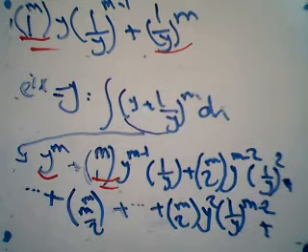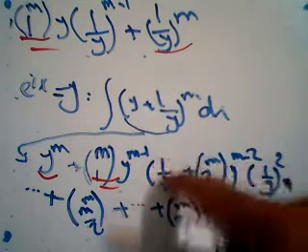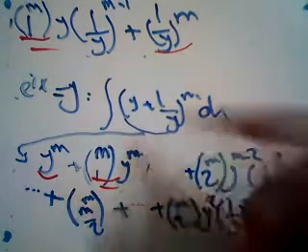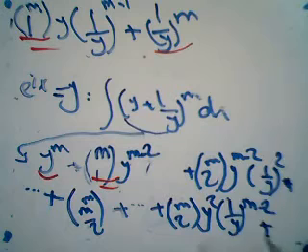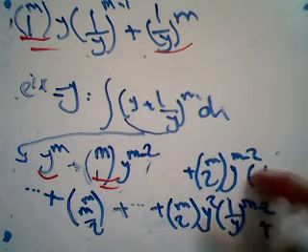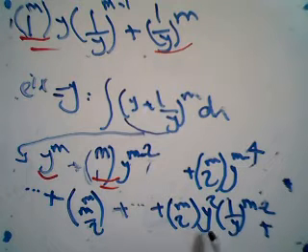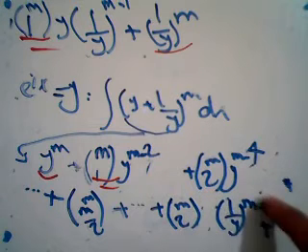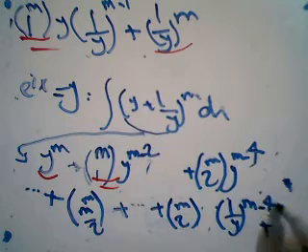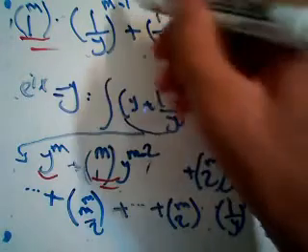Let's simplify it also. Here this is y to the n minus 2, here it is 1 over y squared, so this is y to the n minus 4. This is 1 over y to the n minus 4, and this is y to the n minus 2.